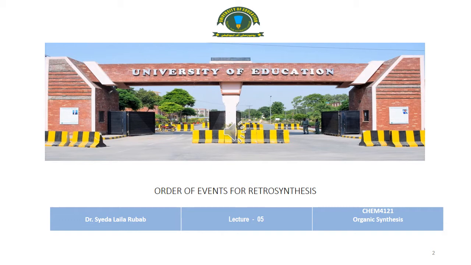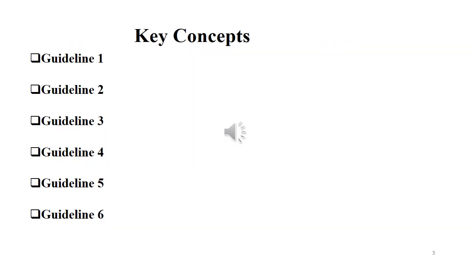Order of Events for Retrosynthesis. This is lecture number 5. As far as this chapter is concerned, the chapter is about the order of events for retrosynthesis. So there will be some guidelines in the whole lecture which we must take care of when we are doing the retrosynthesis.